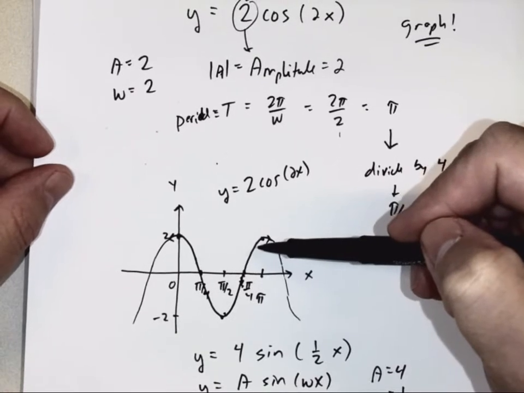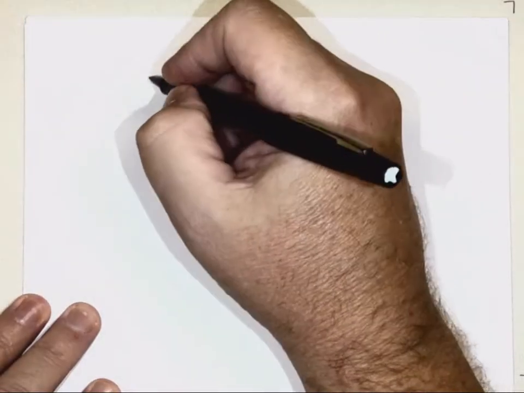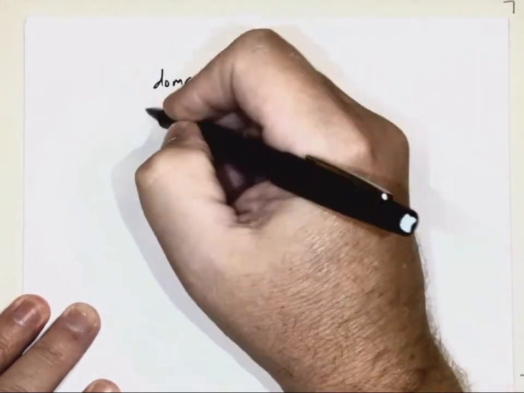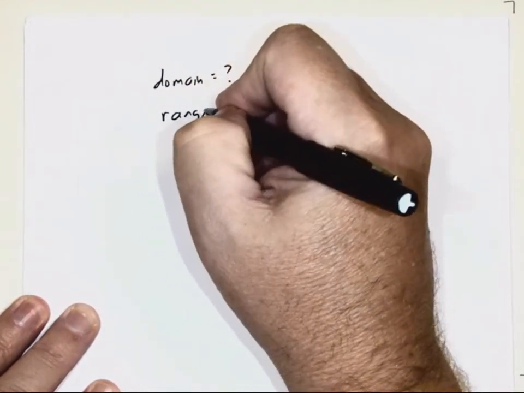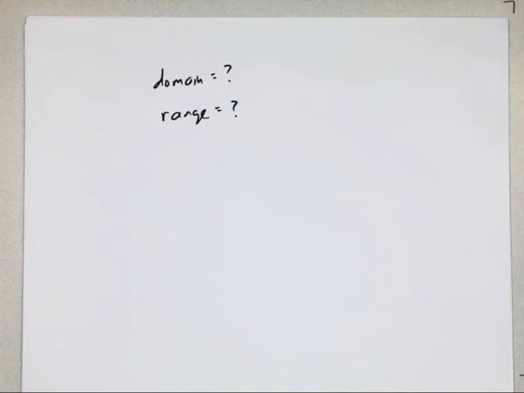What they're going to do in the homework is, once you do this, they're going to ask you some questions. The one they always keep asking over again is the domain, and the range.